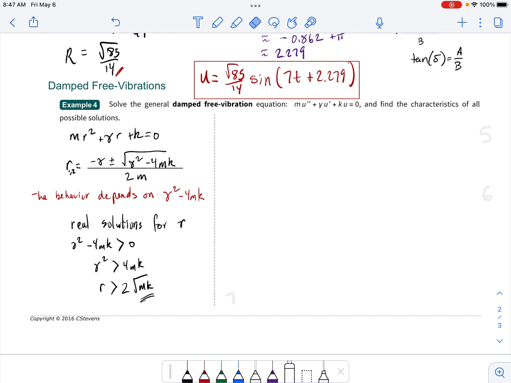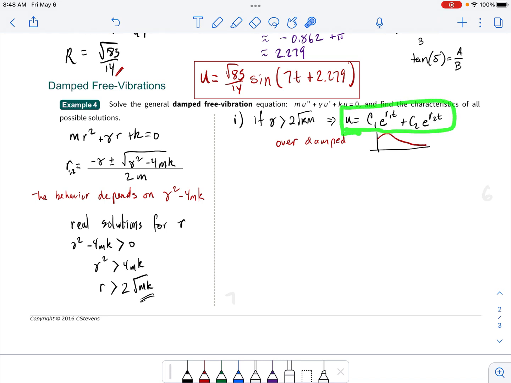If gamma is greater than 2 root mk, we know that with the 2 distinct real solutions, we'll end up with this as our general solution, and the r's will always be negative, which means this is just going to go to 0.